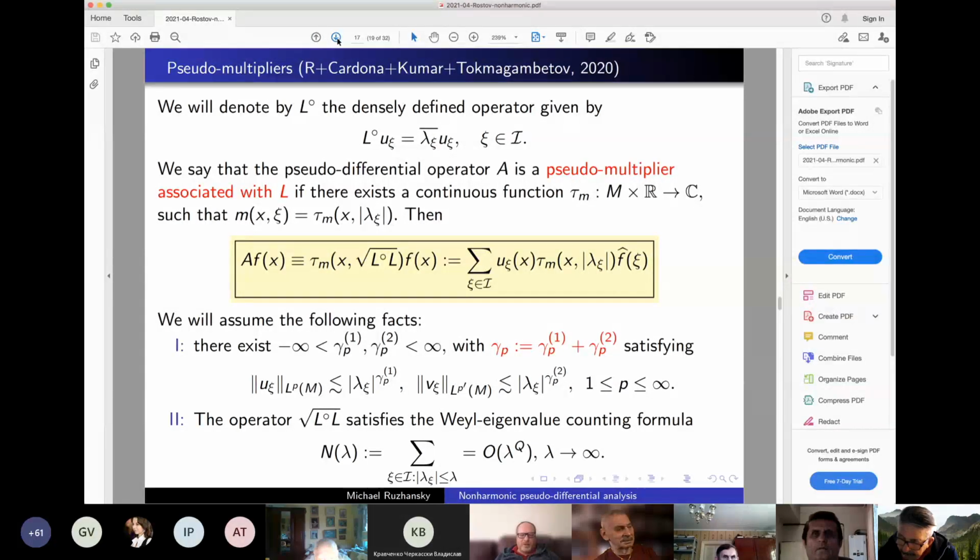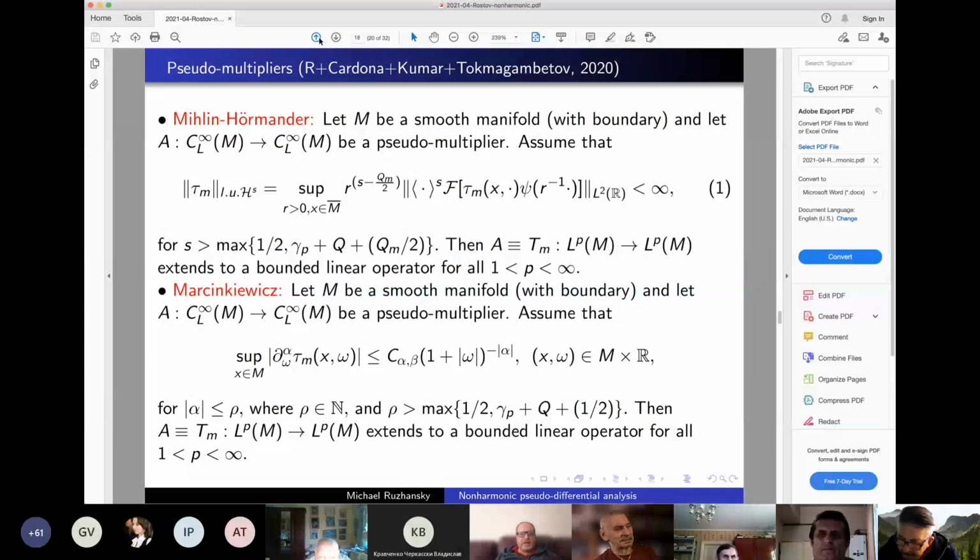Q is the order of the growth, we can say, of the eigenvalue counting function of the operator L. Here it may look a bit technical, but I just say that we have a version of the Mikhlin-Hörmander multiplier theorem and of the Marcinkiewicz multiplier theorem for L^p boundedness.